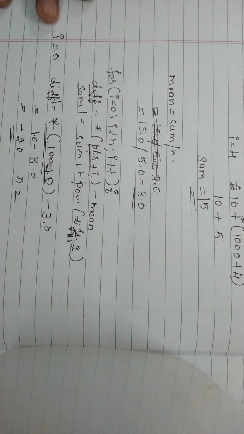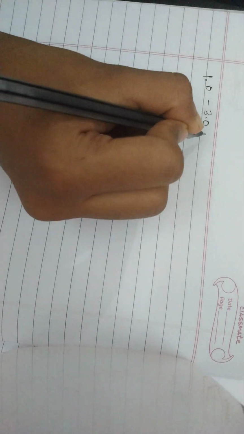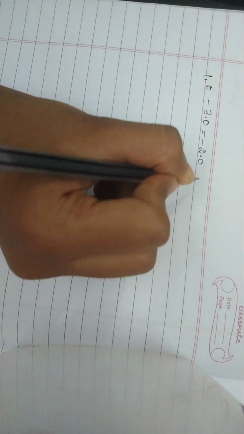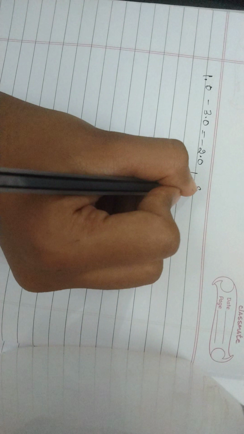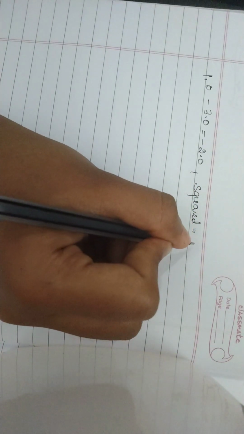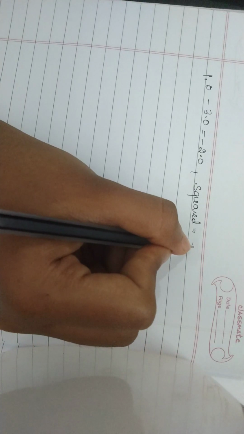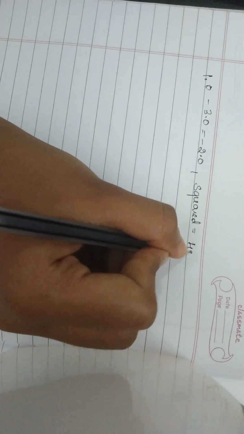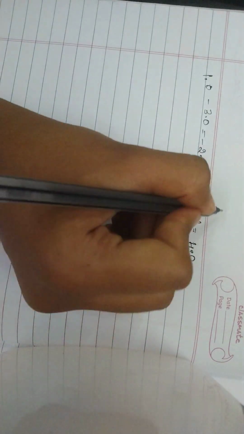So 1.0 minus 3.0, we get minus 2.0. So we have to square that. Minus 2.0 squared is 4.0 after the square.